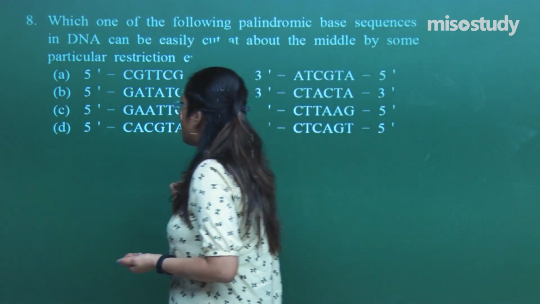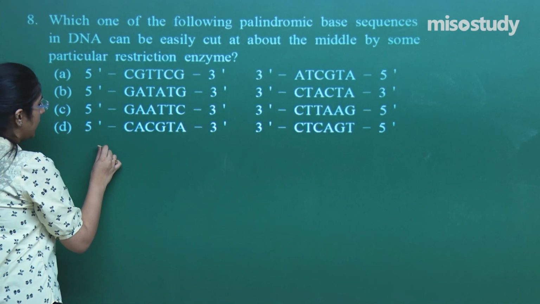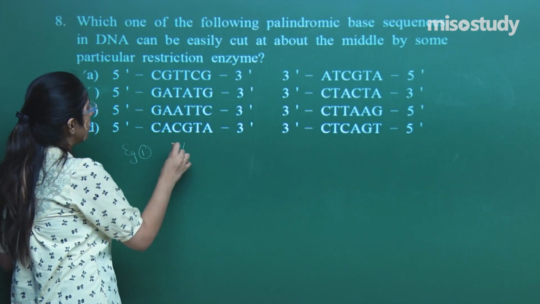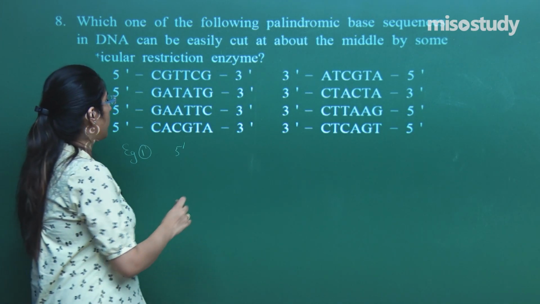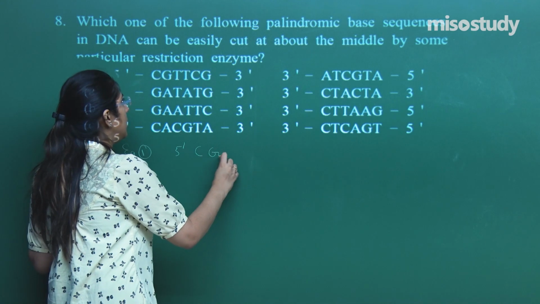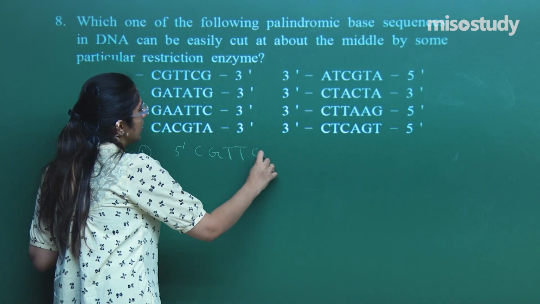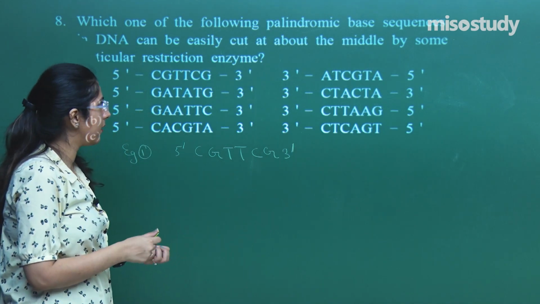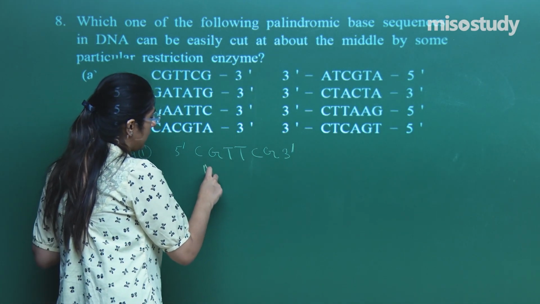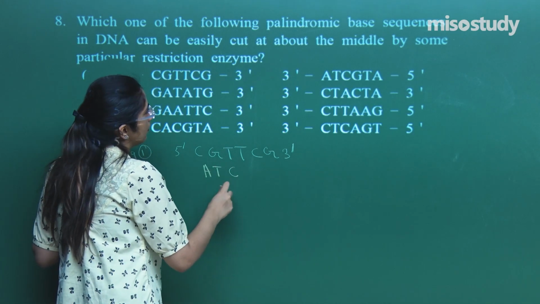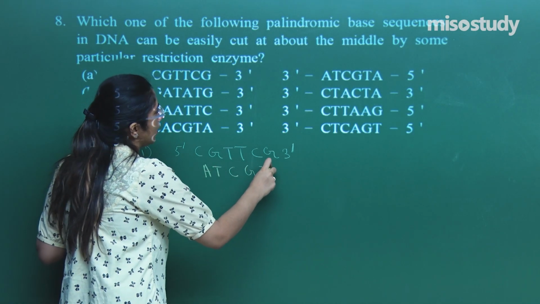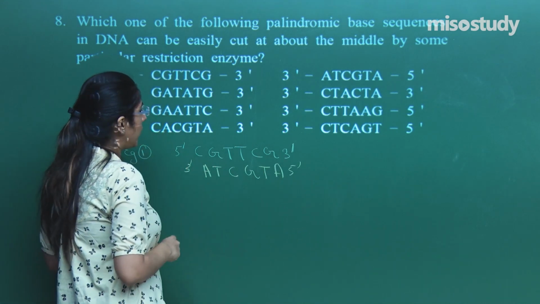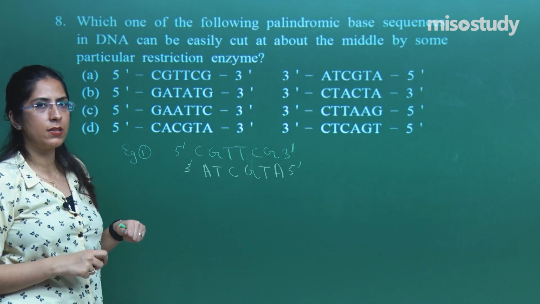Let's look at the first option. The sequence runs in 5' to 3' direction: C, G, T, T, C, G, and this is the 3' end. Similarly, the other is A, T, C, G, T, A. Now tell me, are these palindromic sequences?